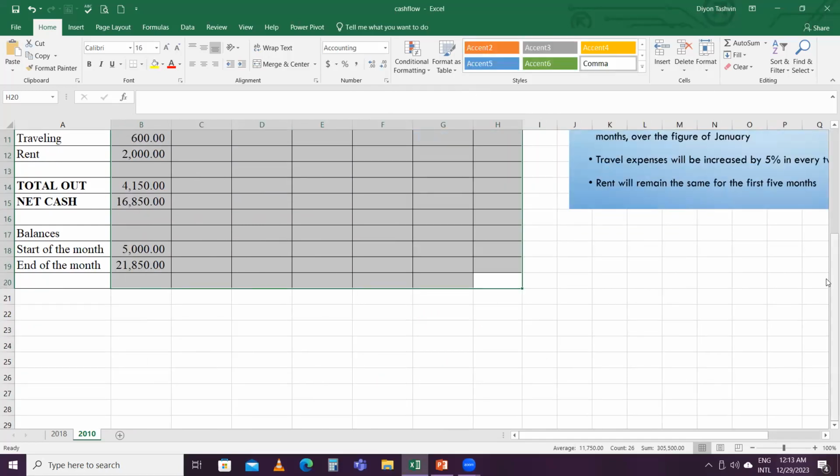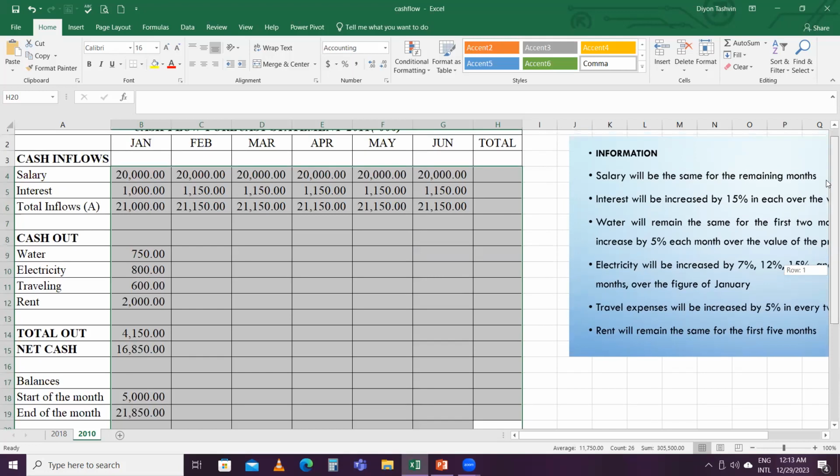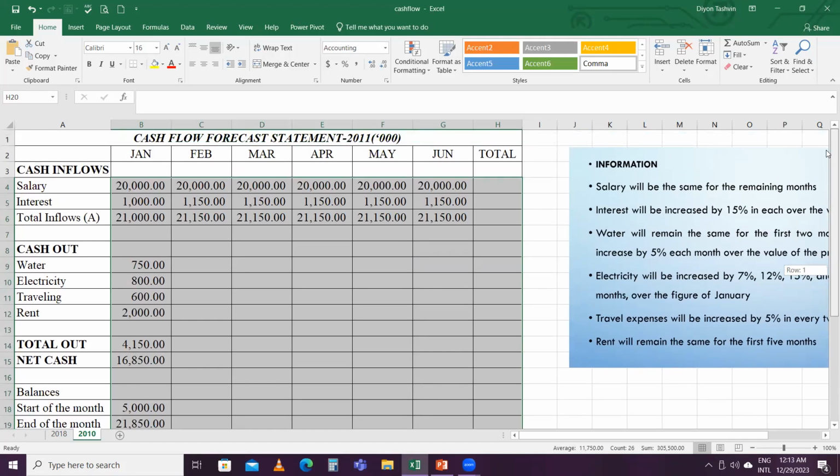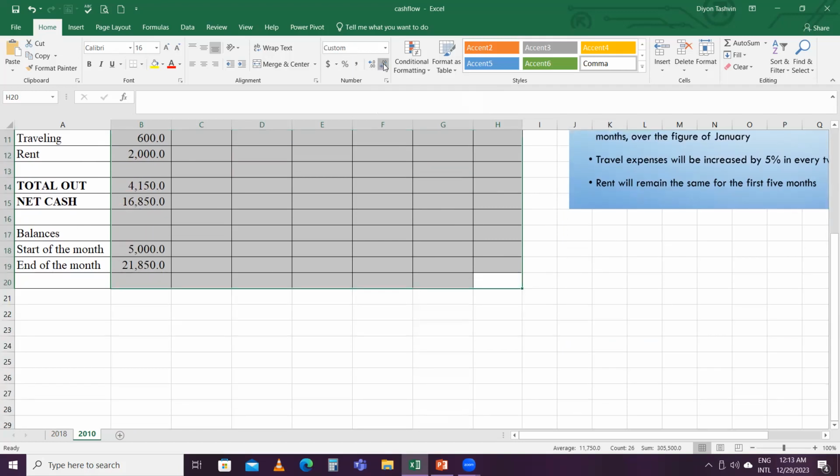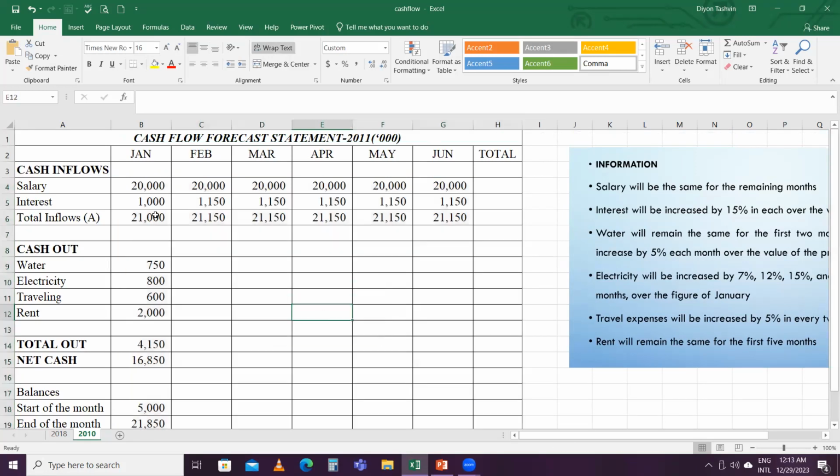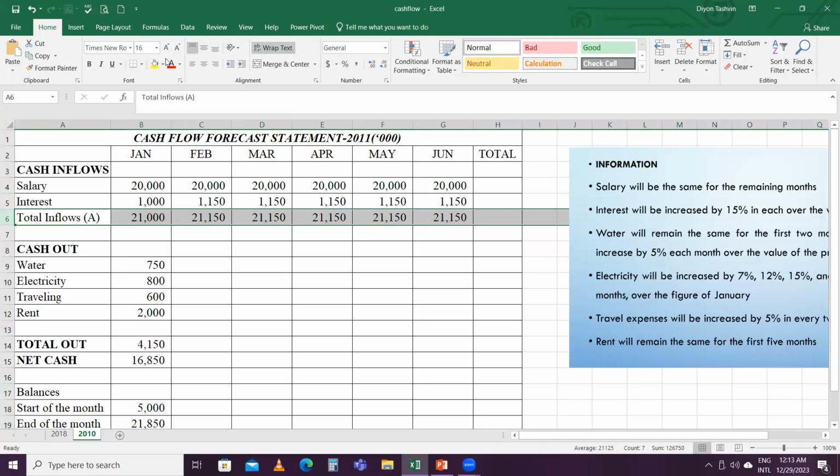Then you can see everything with 2 decimal places. If you want, you can remove the decimals by using this decrease decimal option. This is the total cash inflow.